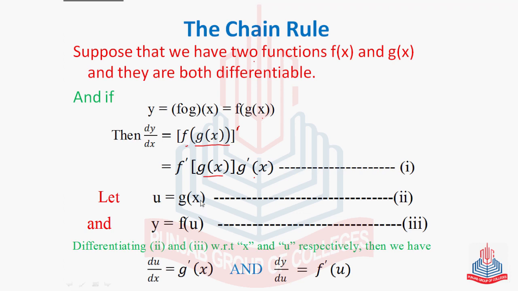So differentiating 2 with respect to x, du by dx is equal to g prime of x. And as y is a function of u, when we apply a derivative on this function, that will become dy by du, because y changes with respect to u, and on the right hand side that will become f prime of u.